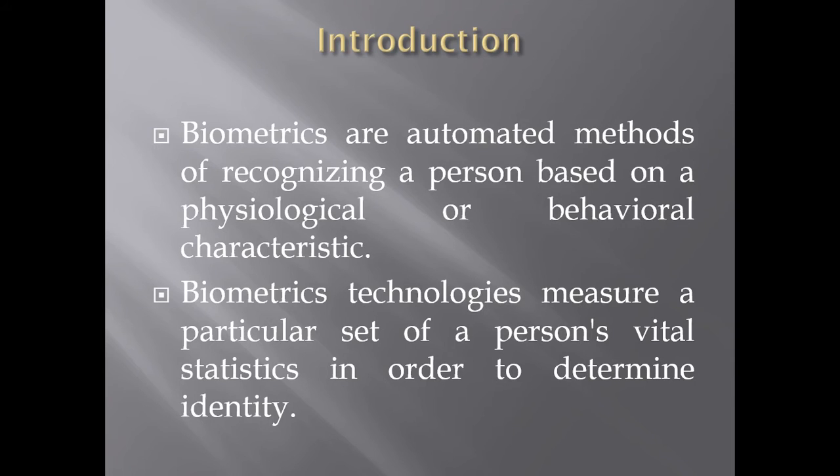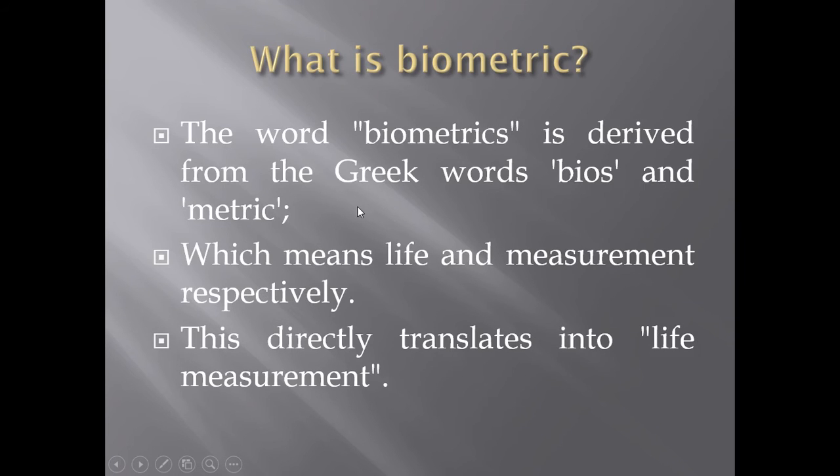But now, biometrics have changed that realization. Biometric technologies measure a particular set of a person's vital statistics in order to determine the identity. The identity of a person or recognition of a person is identified via these biometrics.